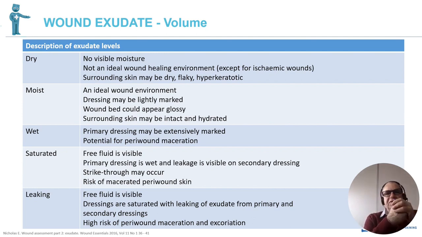Saturation means that you might have the primary dressing wet and you can have a little leaking, but leaking means that we have the dressing totally saturated, going through both the primary and the secondary dressing. Again, this should be governed by policy and guidelines from your facility, but try to choose an easy way like this, which will help you document a lot better.